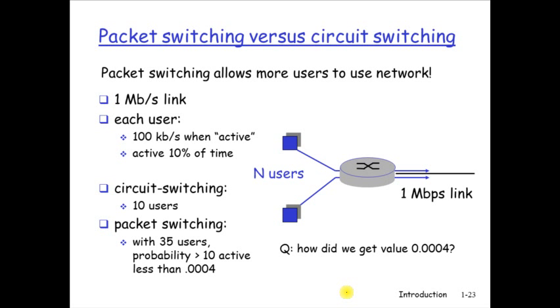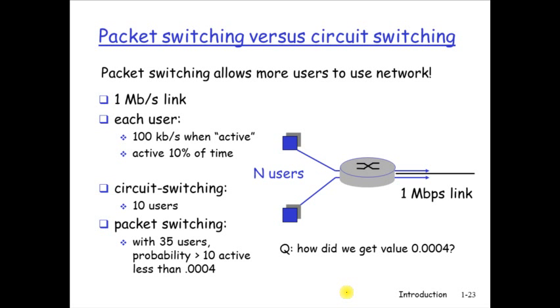Whenever this call is set up, you basically reserve the bandwidth, but you go to a website for like 10 minutes and then do something else for 50 minutes, then come back, do a little bit, and most of the time you are not using the connection. So this means 10% of the time being active.